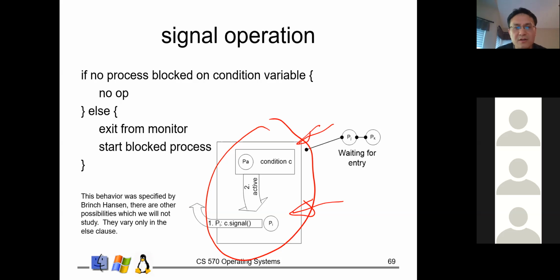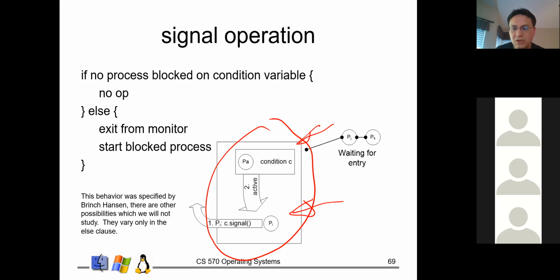So there needs to be a certain mechanism to make sure we don't have both the signaling process or thread still in the monitor and the awakened process or thread that wants to continue the blocked execution.